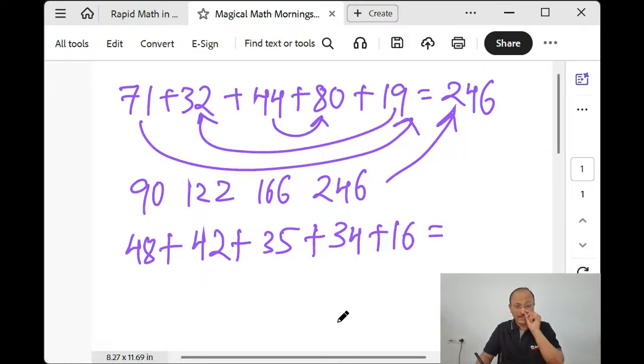I gave relatively easy numbers. Add them and tell the answer quickly. Add them from left to right and tell the answer. This takes a little bit of practice, and with little practice, you become very fast in this. You don't require calculators.